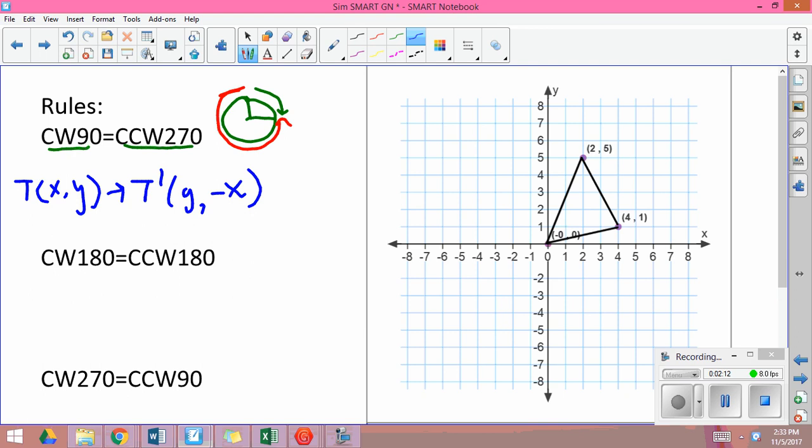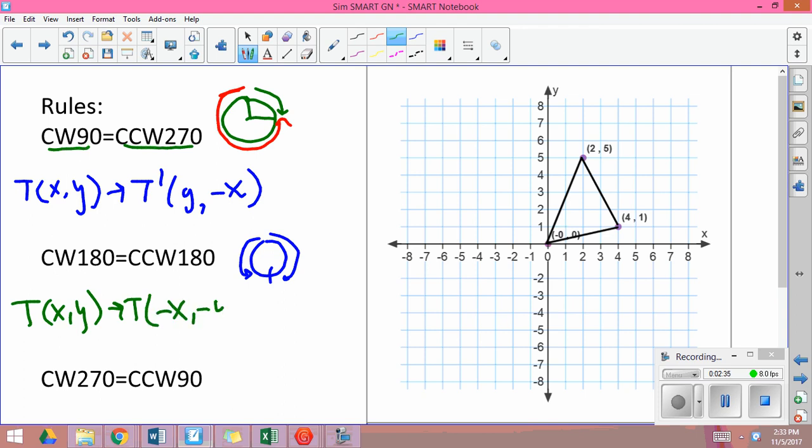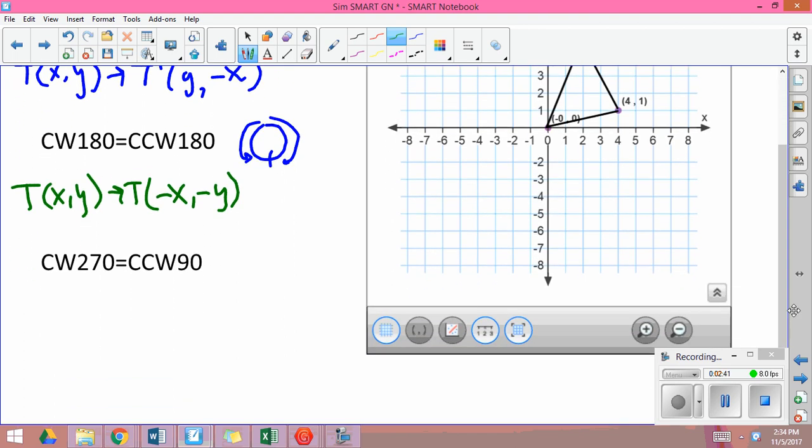No matter which direction I go, clockwise or counterclockwise, 180, I'll end up in the same spot. Going 180 this way, 180 this way, I end up right here. The rule for that is I take my original and I transform that by doing the opposite sign on each coordinate. Same order, opposite sign.